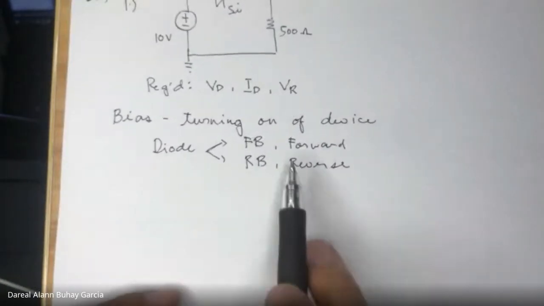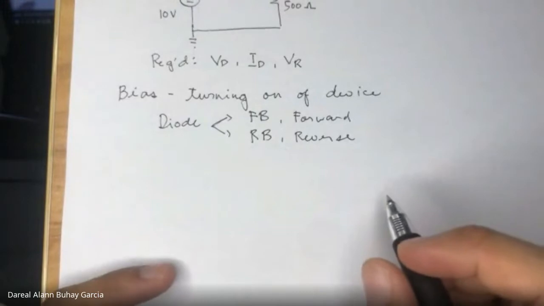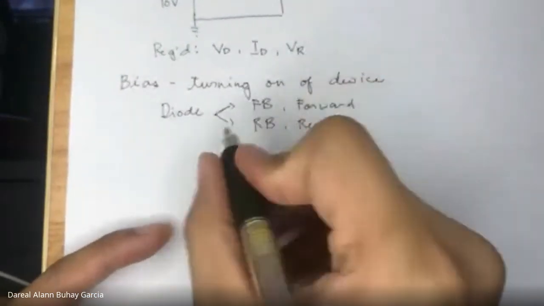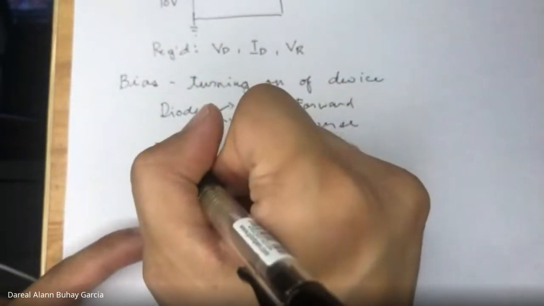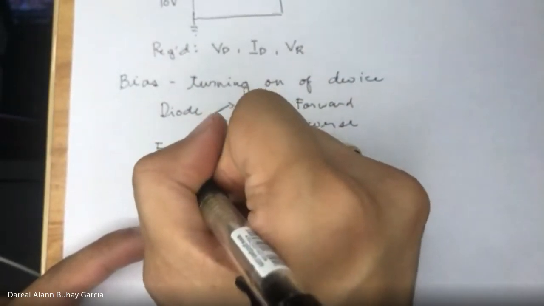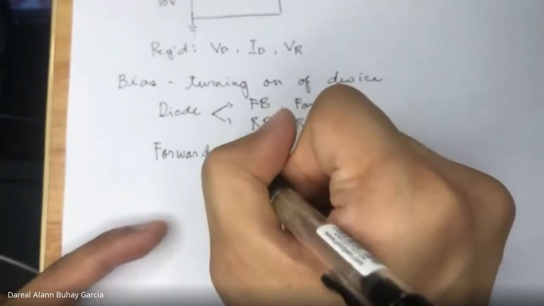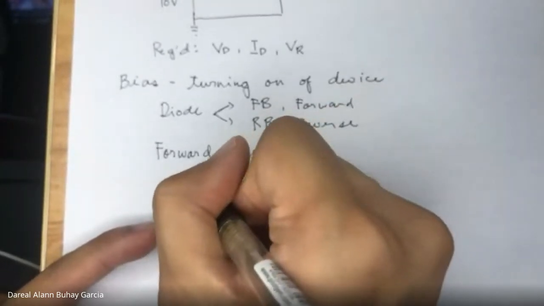I think I mentioned this last time, but for review: for the diode to be turned on, or to be in forward bias mode, these two conditions must be met.